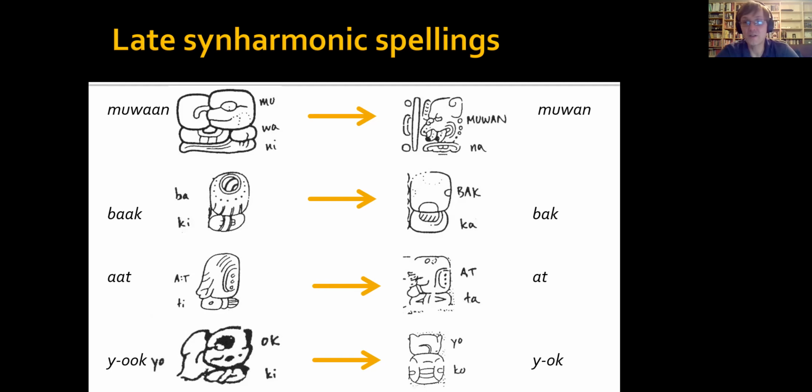So that is the best indication we have that the so-called disharmonic spellings were indeed meant to indicate long or glottalized vowels, because there are these very late spellings which seem to abandon the principle of disharmonic phonetic complements in response to the loss of vowel length or glottalization, or as we would say, loss of vowel complexity. All vowels become short, all vowels become simple in the language, and the spellings finally, presumably not immediately, but at that particular point in time, catch up with it.